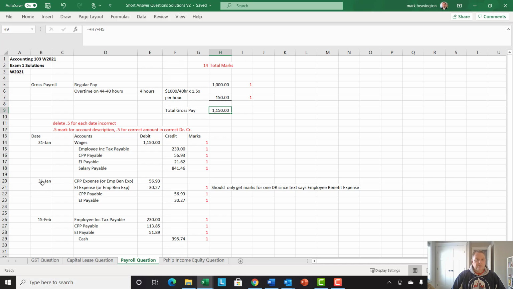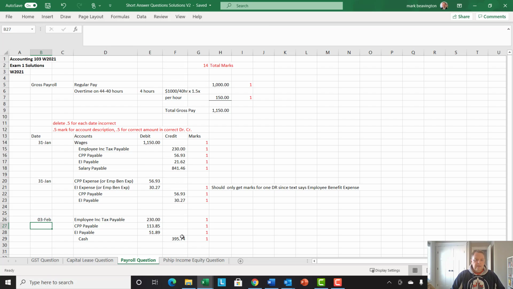And then you've got to set up January 31st again, which is Part 2 of B. We needed to know the employer's portion. So CPP just matches, EI is 1.4 times, and you'd have 1 mark for this, regardless of whether you use CPP expense and EI expense or just one number for employee benefits expense. It's the same thing, so that's good. And then employee income tax payable, we've got the payment here of the deductions on February the 3rd.